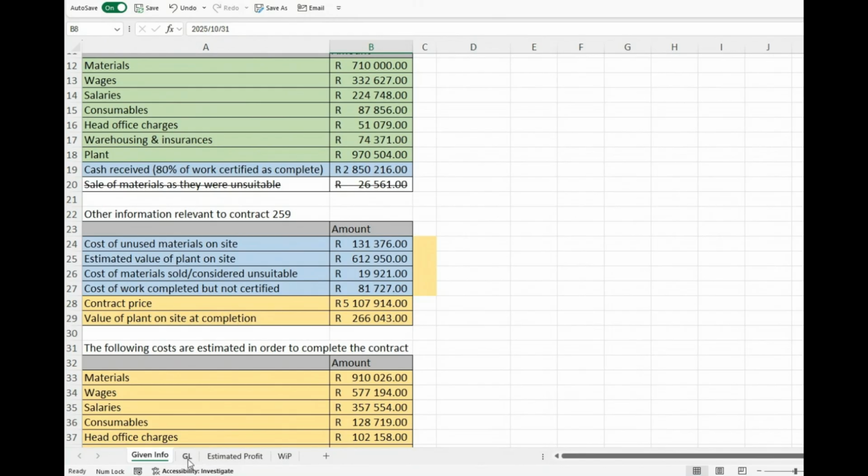Because in your work in process account, what you are doing is you are considering both what happened historically, which is reflected in your GL, as well as your estimations. And so the first part of your work in progress account will look exactly like your GL, but there will be other things on it that you will add. And I'm going to show you exactly how that works now.